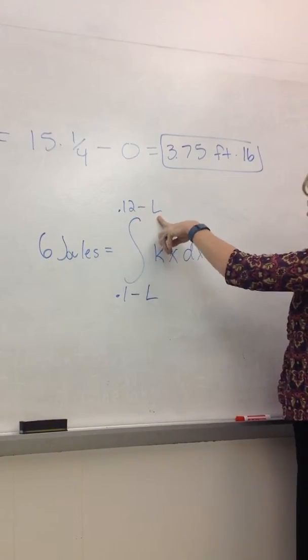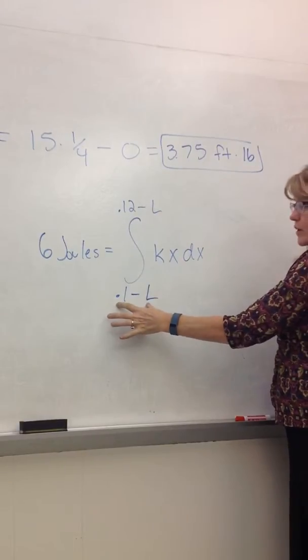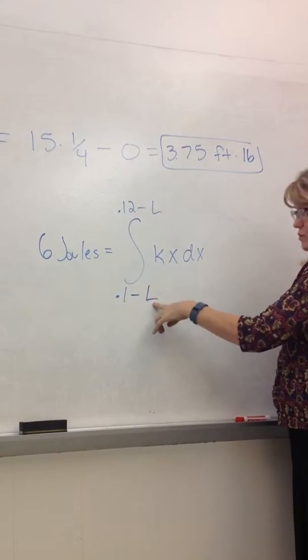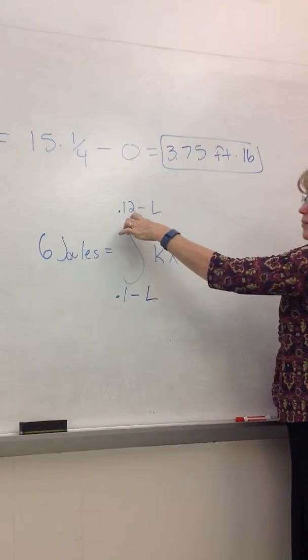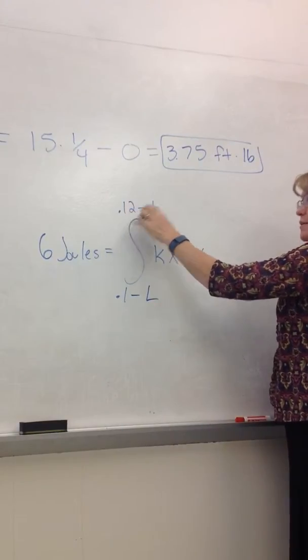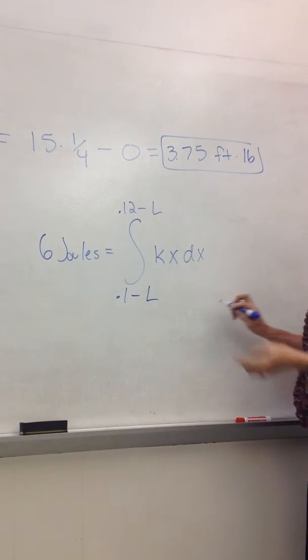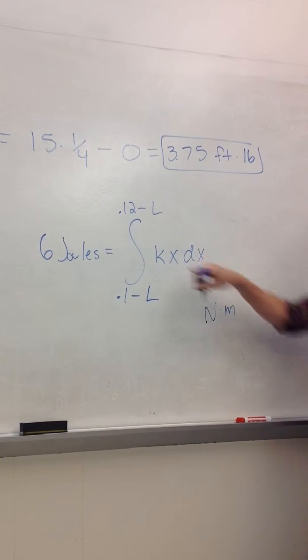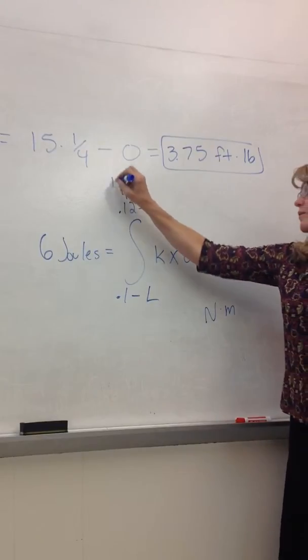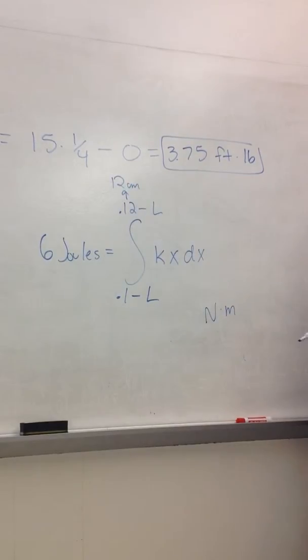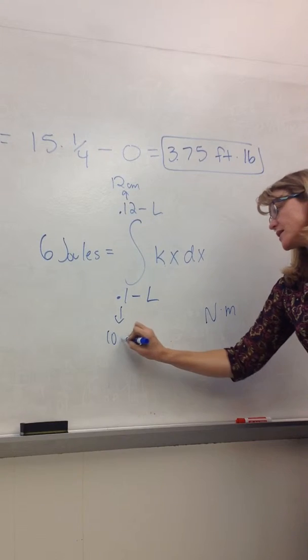But I don't know what its natural length is, so my low limit should be 10 centimeters minus whatever the natural length is. My upper limit should be 12 centimeters minus whatever its natural length is. But I want to stick with the standard units of Newton meters, so this is how I'm representing 12 centimeters and this is how I'm representing 10 centimeters.